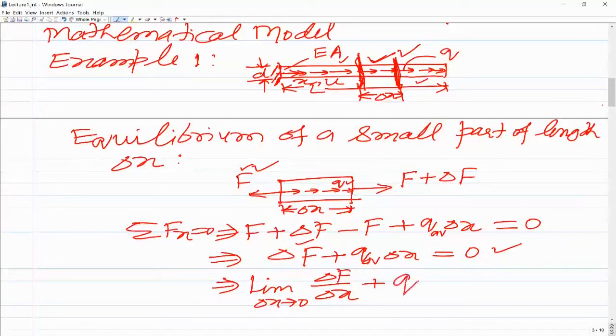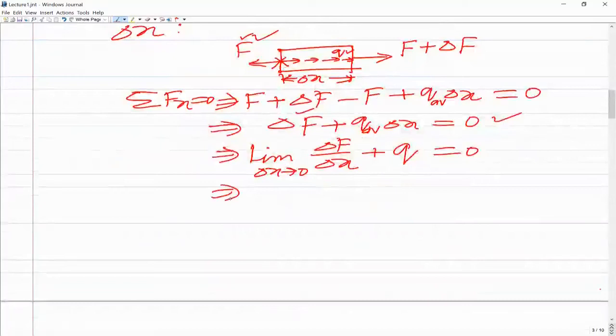So then we will just get q. I am eliminating the average because when delta x goes to 0, q average will become the exact value of q at this point. This is equal to 0. Now as you know, the limit of delta F by delta x is actually dF by dx. So dF by dx plus q equal to 0.